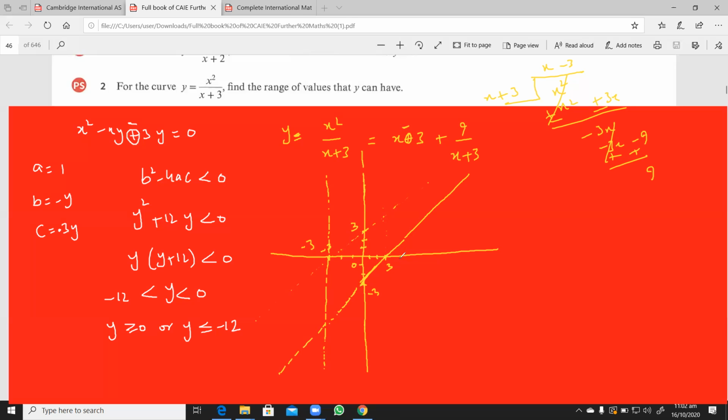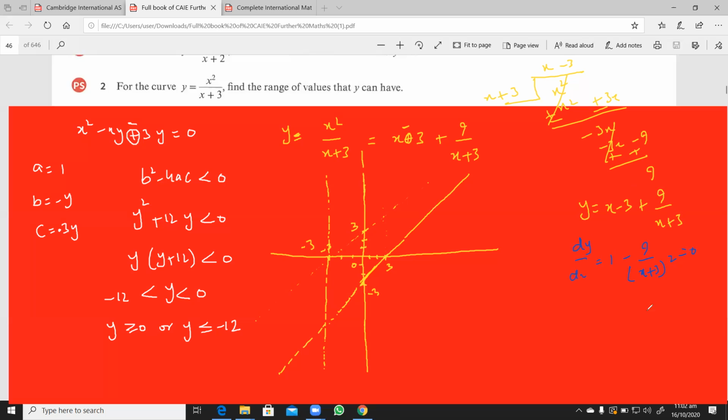Now let's see if we have any turning points. I will be using x minus 3 plus 9 over x plus 3, which is easier to differentiate. So my dy by dx is going to be 1 minus 9 over x plus 3 whole squared.